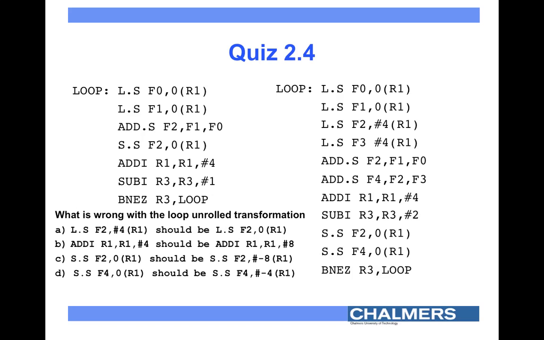Moving on to C, store instruction F2 0 R1 should be F2 minus 8 R1, and that is also correct because we have moved the store instruction to after the add immediate, which added 8, so we have to compensate for that.